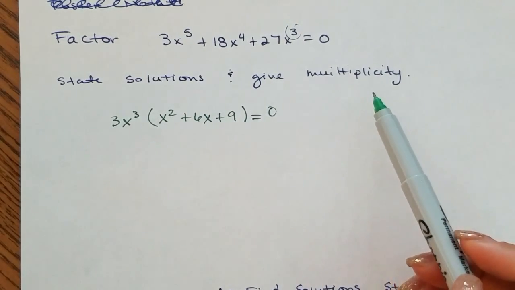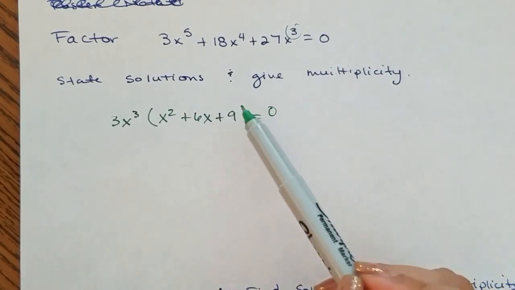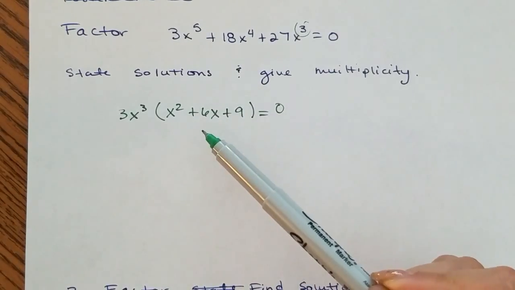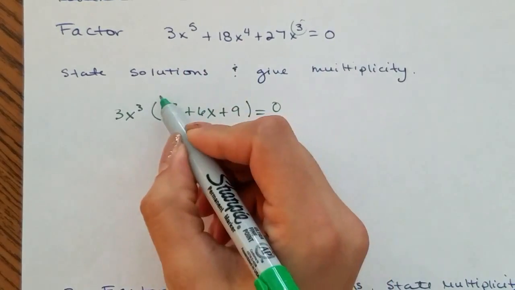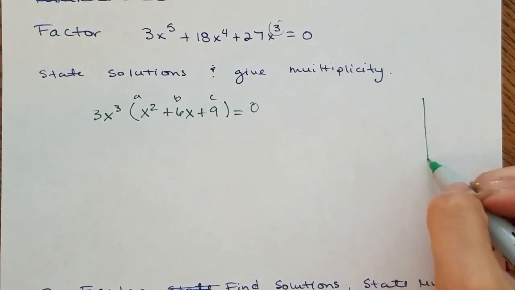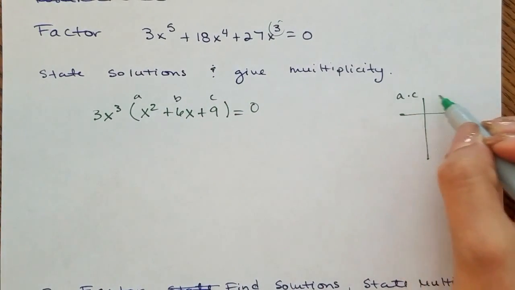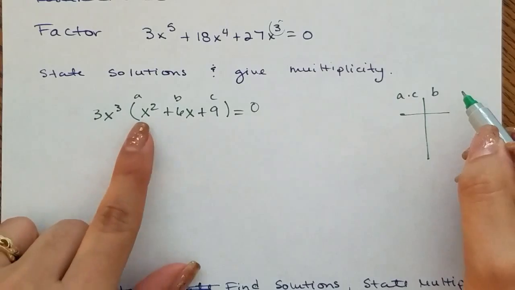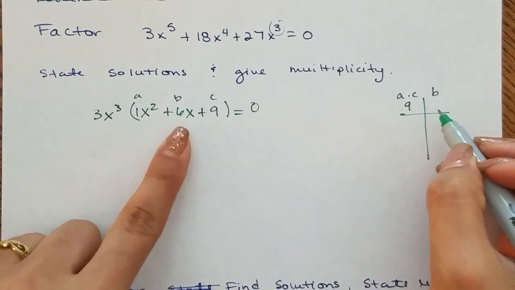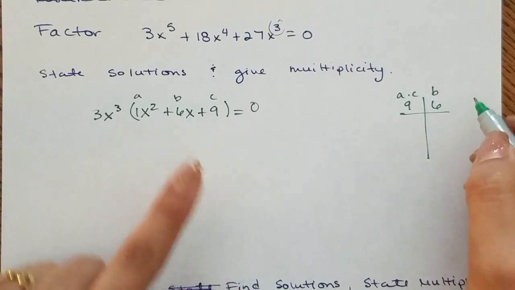Now, one of the big mistakes that you guys make is that you don't continue to factor. So we have to look at this and see if we can factor it at all. Remember, this is A, B, and C. When you're factoring, you create your table over here: A times C, sum to B. So A is 1, times C is 9. We're looking for the factors of 9 that sum to 6.